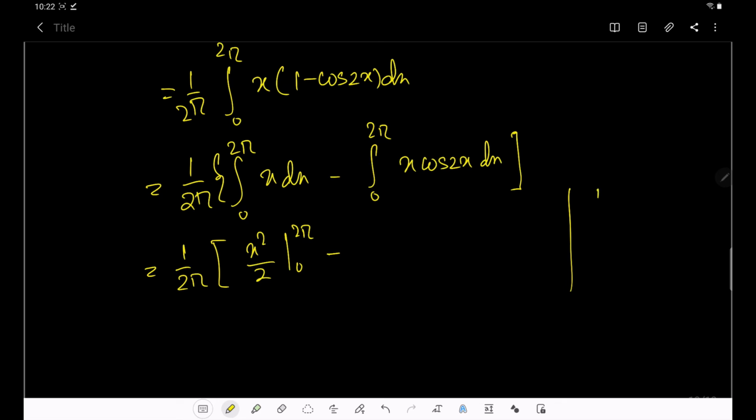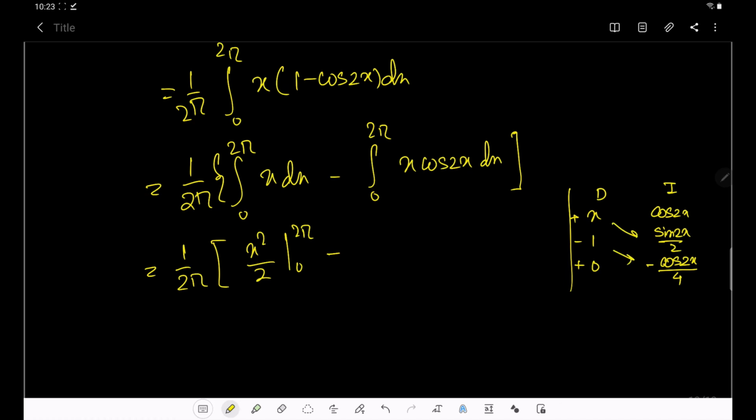So let's write differentiation, integration, x cos 2x, that would be plus, minus, plus, 1, 0, sine of 2x by 2, and it will produce minus cos of 2x by 4.